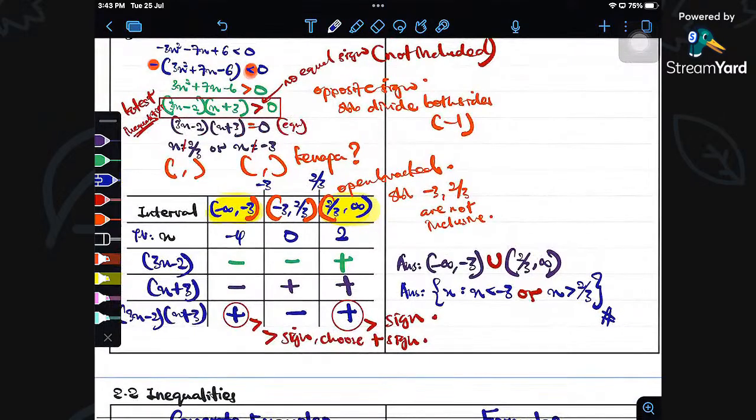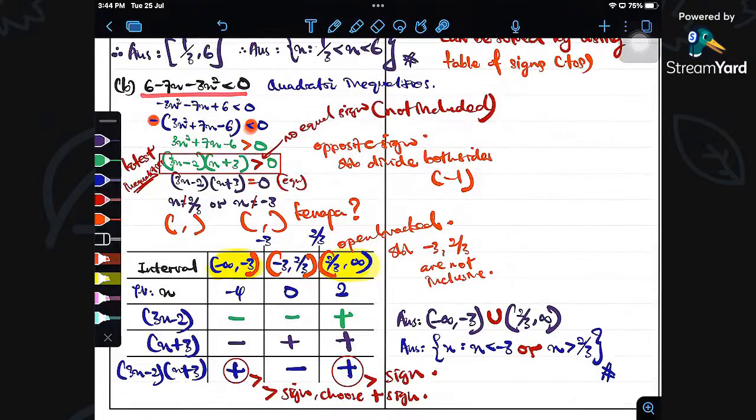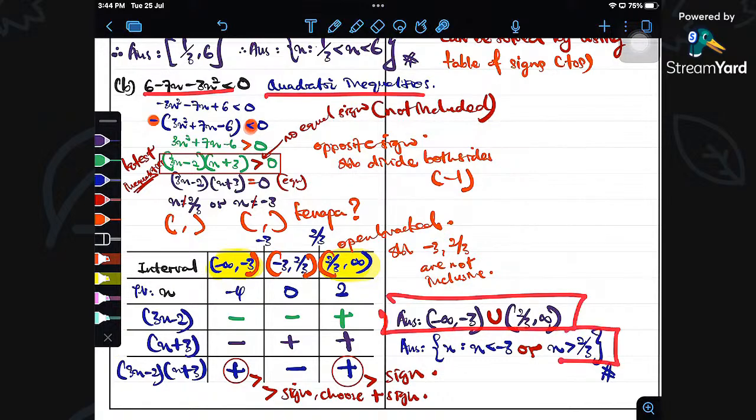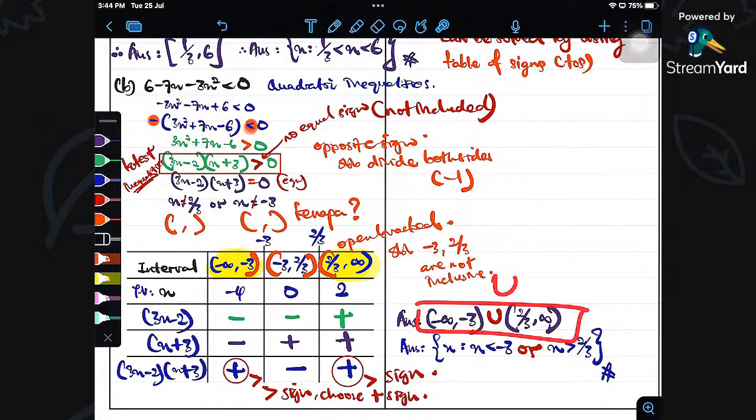So please make sure you understand that we need to write down both answers for every quadratic inequality ke, linear inequality ke. Saya mohon tulislah jawapan dalam dua bentuk cara ini. And suka saya nak ingatkan bahawa kenapa jawapan ini mempunyai union, because we have two answers. We have our two answers here, okay? Our answer here, it's either negative infinity until negative 3 ataupun 2/3 until infinity.